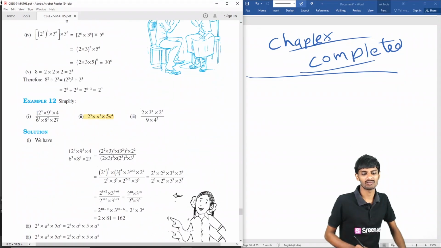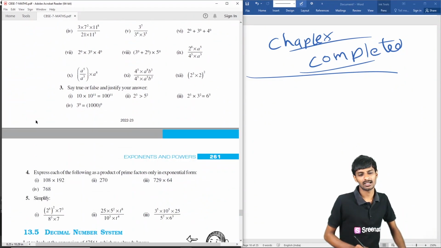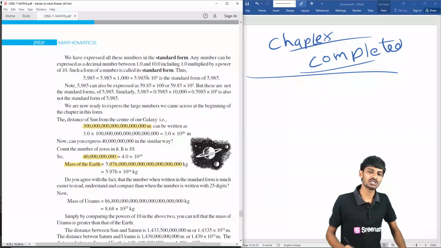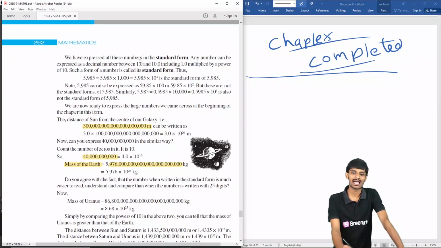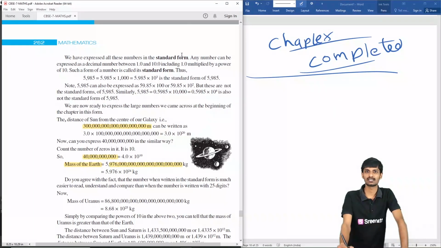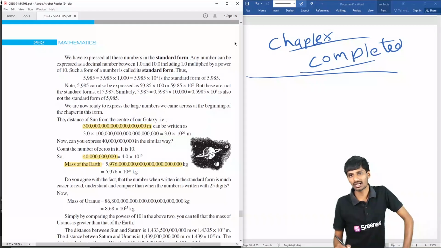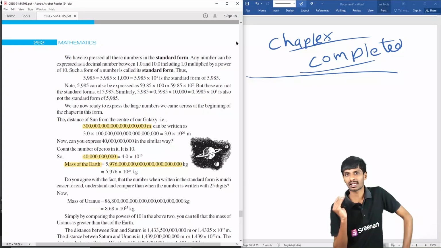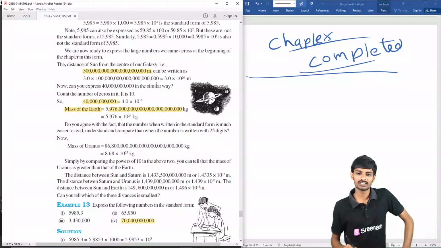And some problems we have discussed. And we have discussed the decimal representation, and the standard form, where we write it as 1.0 or anything. So to the left of the decimal point there will be only one digit, and the rest will be on the right side, and the remaining must be represented as powers of 10. This is the standard form.